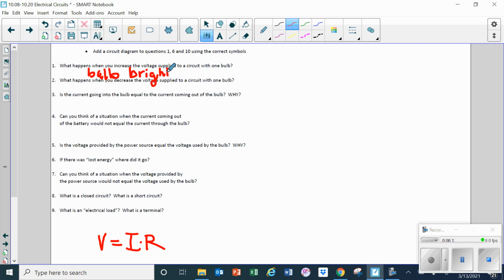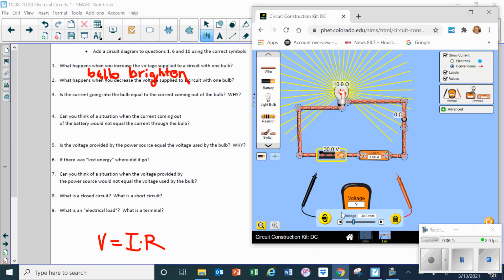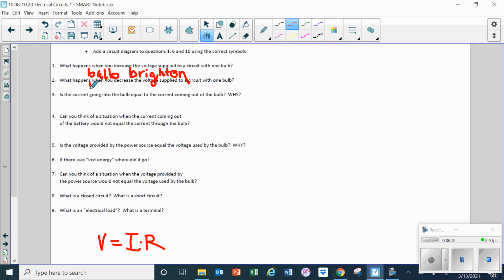Okay, so what happens when I decrease the voltage? I'm going to put it back down to 9 volts again. And you can see it's a lot dimmer now, right? So in this case, the bulb dims.